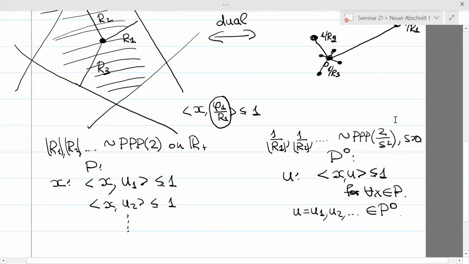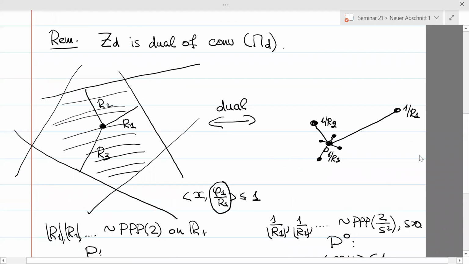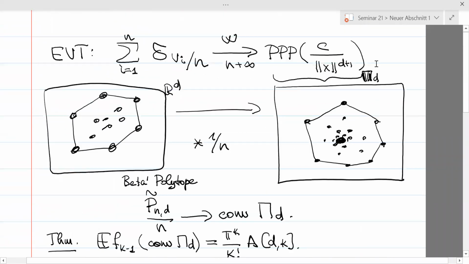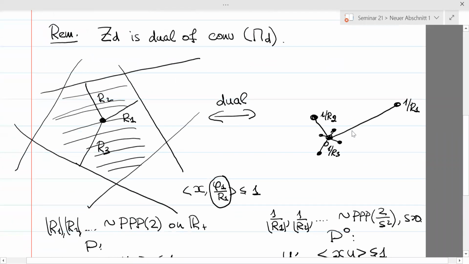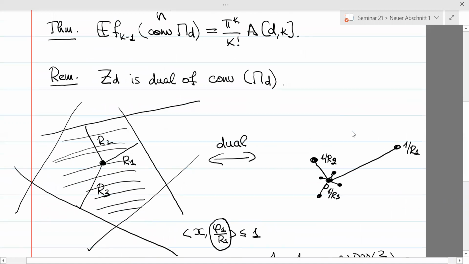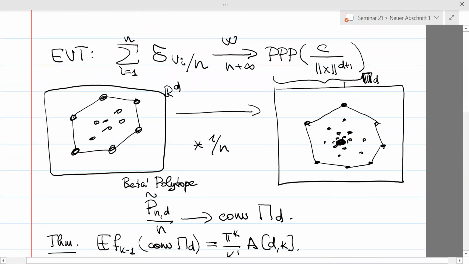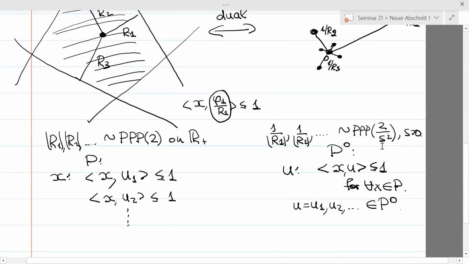And it follows easily that these points in the d-dimensional space are going to have the required intensity. Why? If you take these points and take their radial parts, then in polar coordinates you have to multiply by x to the power d minus 1. And this is how you get this s squared, I think.